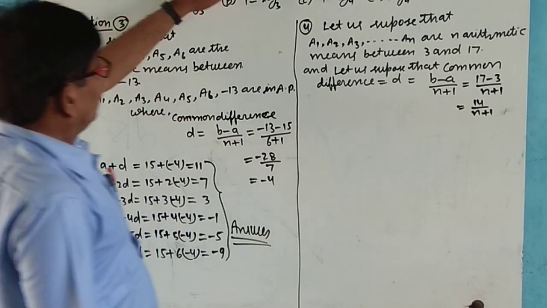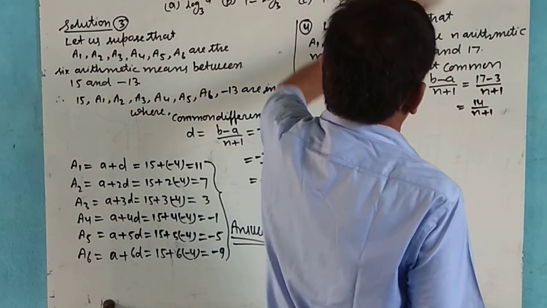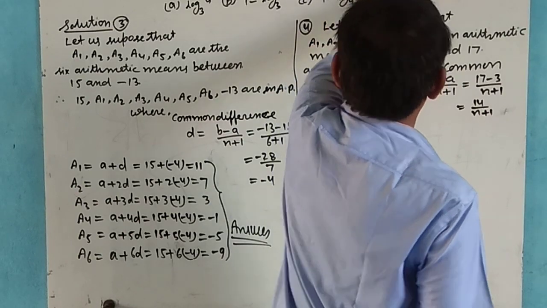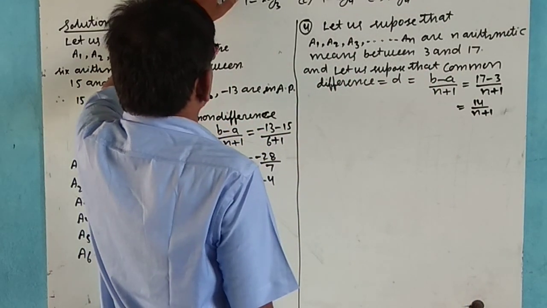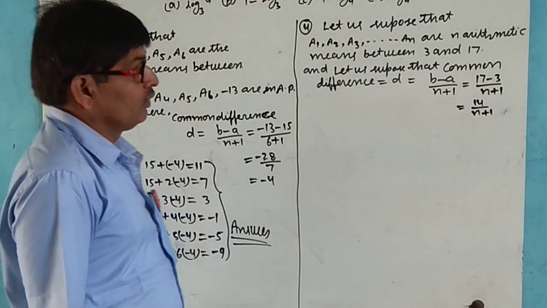Here there are n arithmetic means between 3 and 17. The ratio of the last mean to the first mean is 3:1.